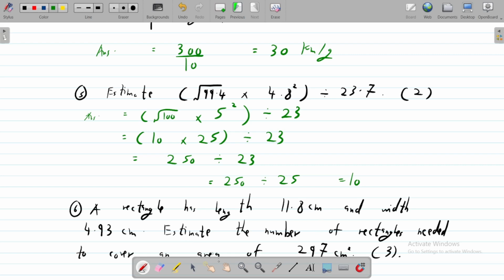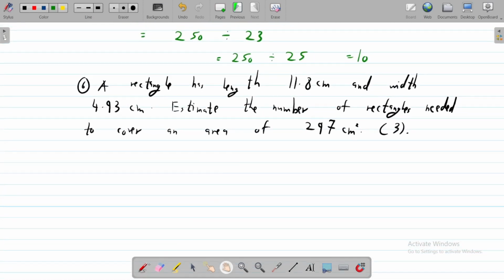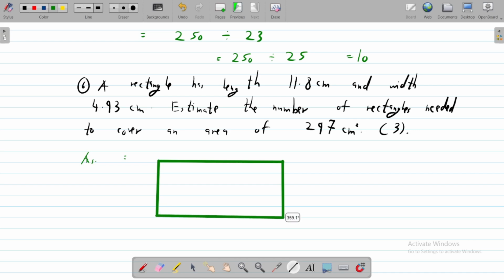Okay. And for the sixth one, or the steps? Okay, let me just make the actual triangle or rectangle here. The length is 11.8, and you have this as 4.93. So we took 11.8 as 12 then.